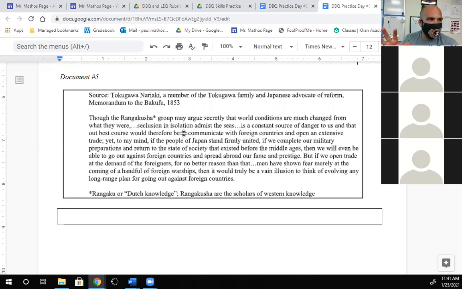Did you guys get that with your readings? Because if we don't, we're always going to fear the outside. Men have shown fear merely at the coming of a handful of foreign warships.